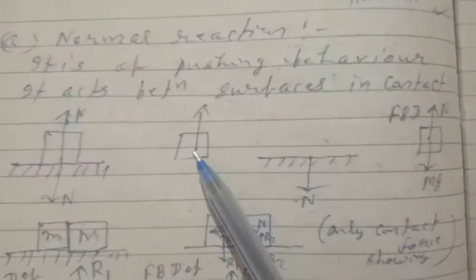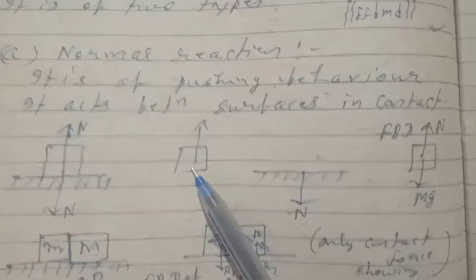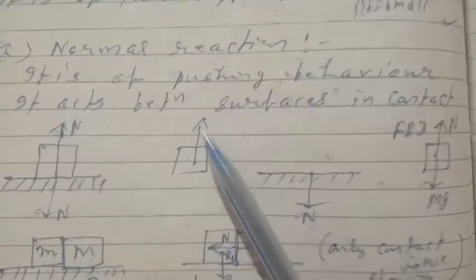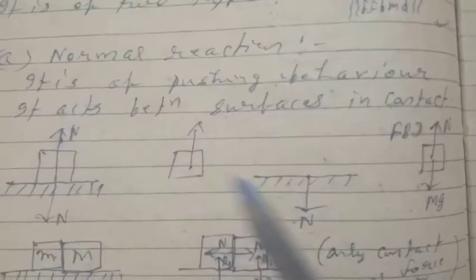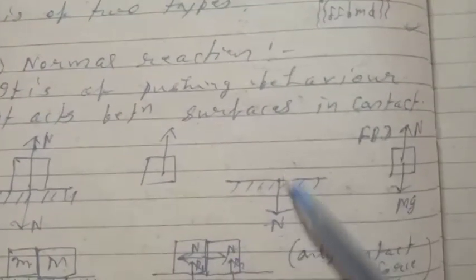It is shown here that this body experiences a normal reaction in the upward direction, also called normal contact force, and the table is experiencing a normal force in the downward direction.